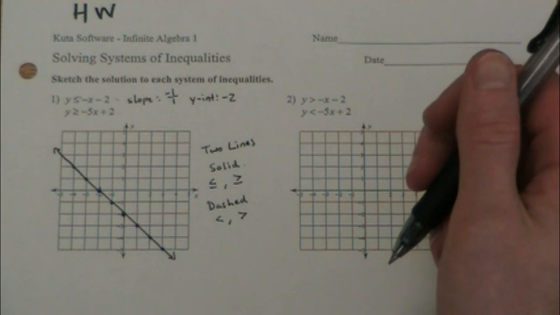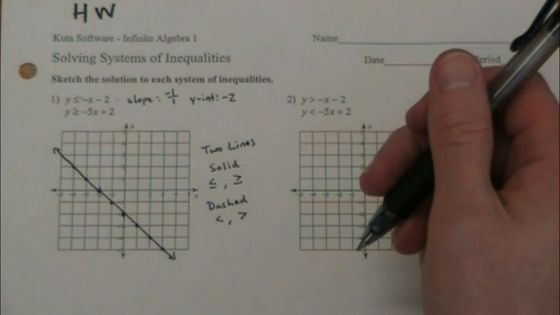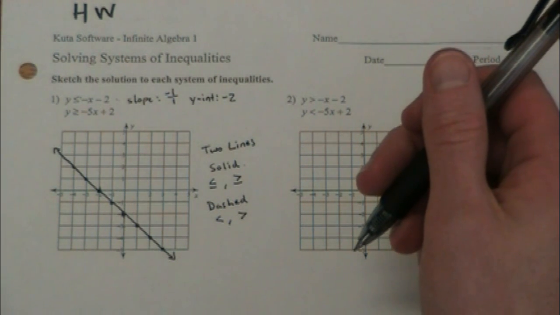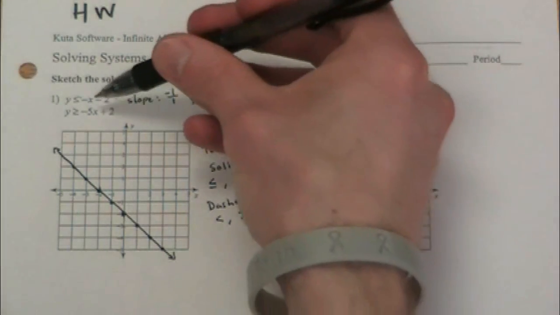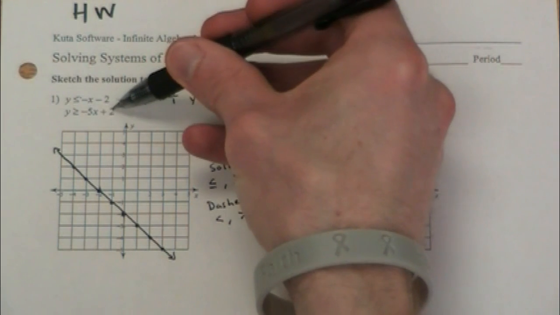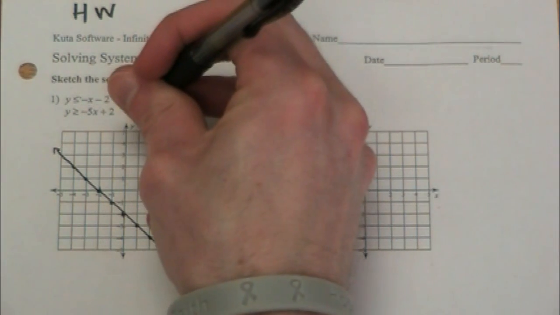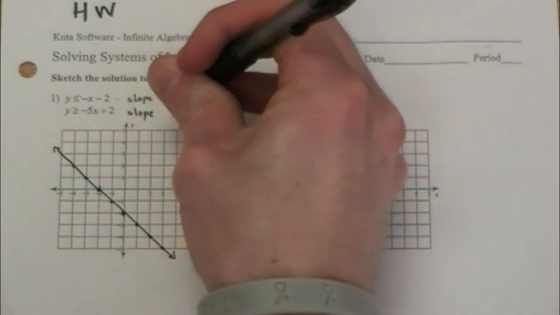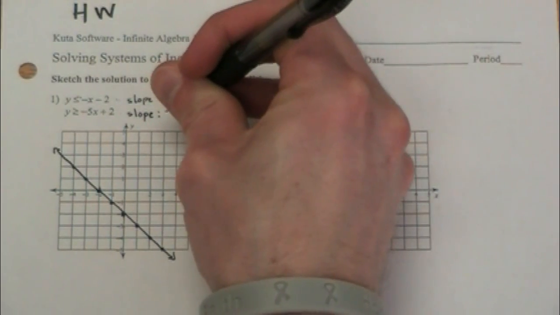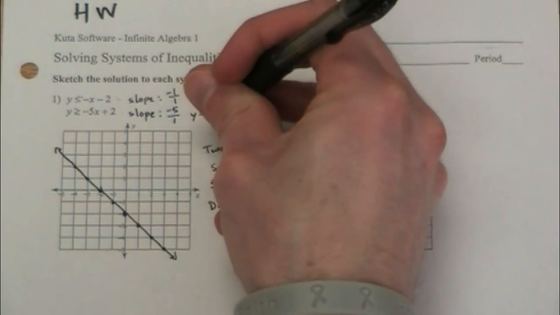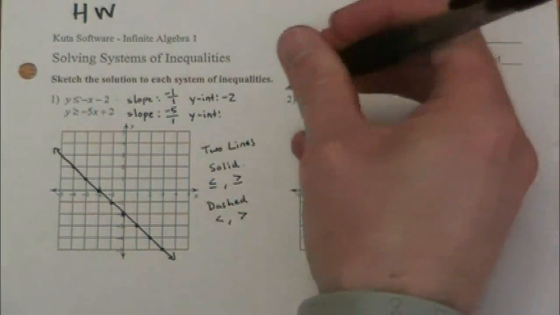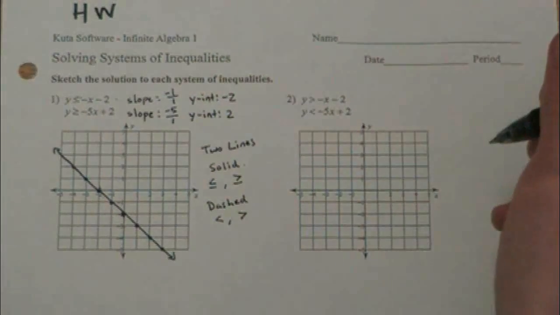Now we're going to graph the second inequality. To do this, we're going to again look at the slope, and the slope of this guy is negative 5 over 1. The y-intercept is 2.